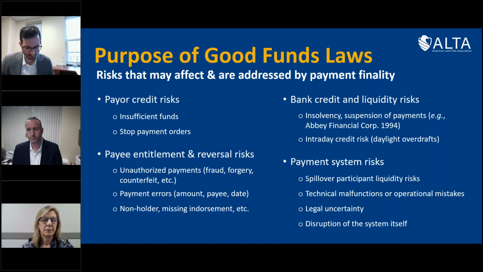We saw this play out in the early to mid 1990s when many title agents in the Southeast were affected by a regional mortgage lender that became insolvent and suspended payments after it had issued a number of certified checks for closings. And these didn't clear and they were dishonored. In theory, good funds laws may help prevent this risk.